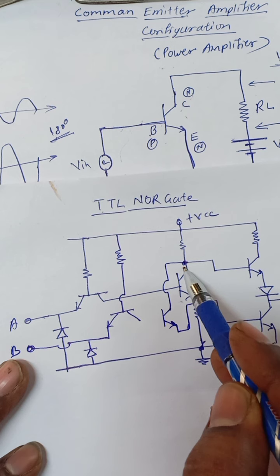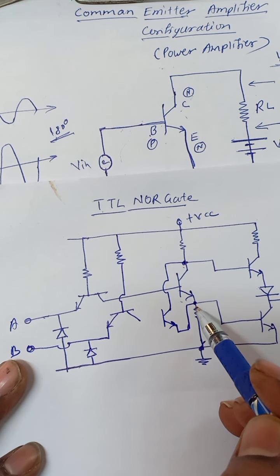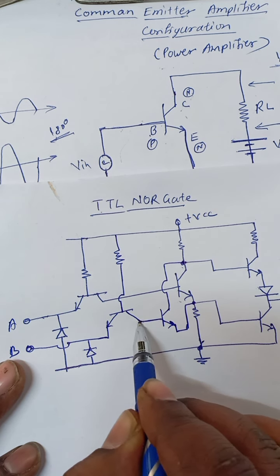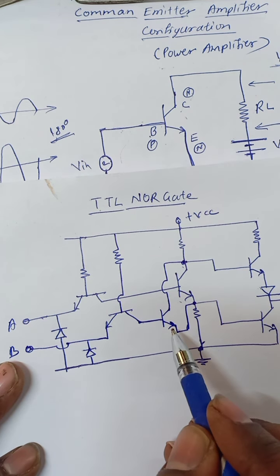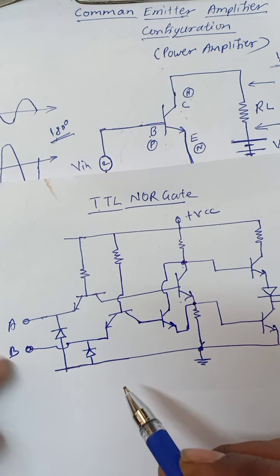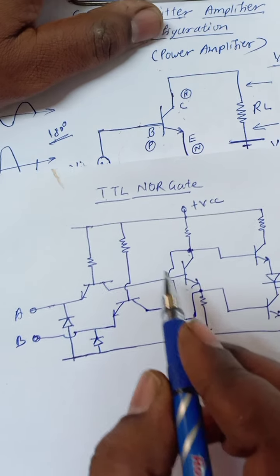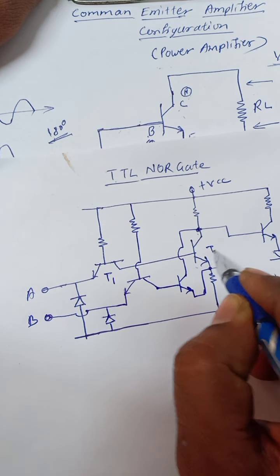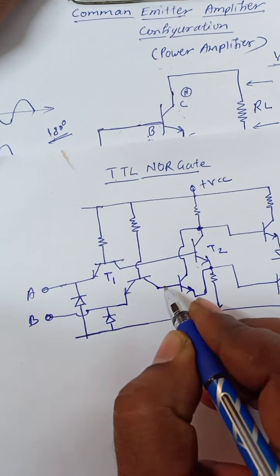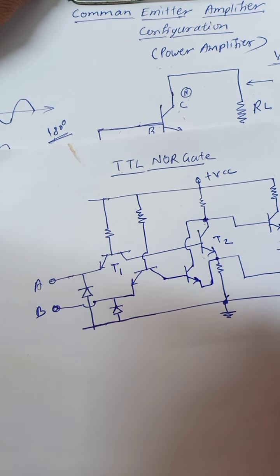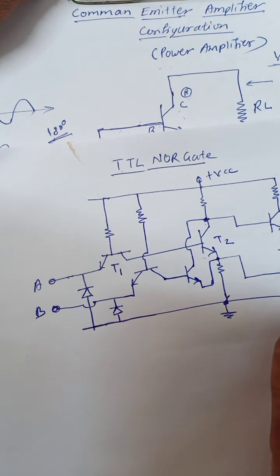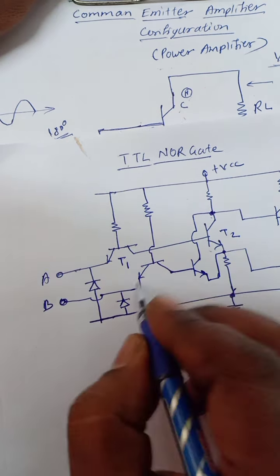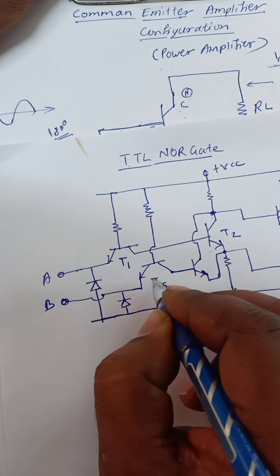The collector is connected to the collector, the emitter is connected to the emitter, and this transistor is driven by the collector of this one. We name these transistors T1, T2, T3, T4, then T5 and T6.